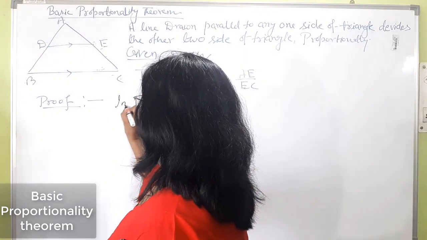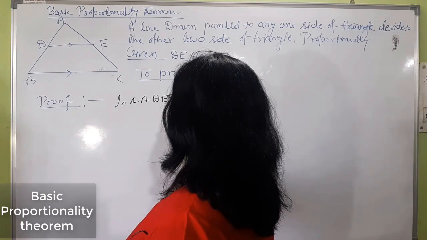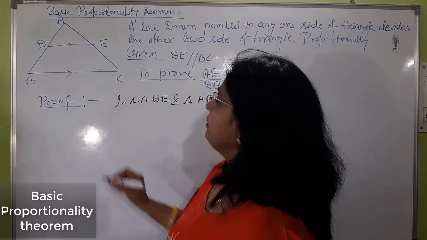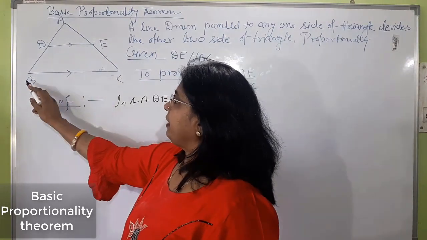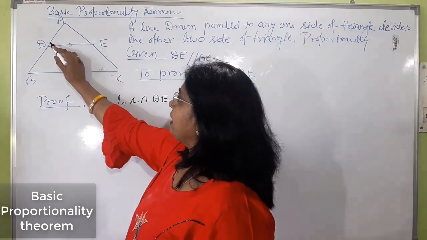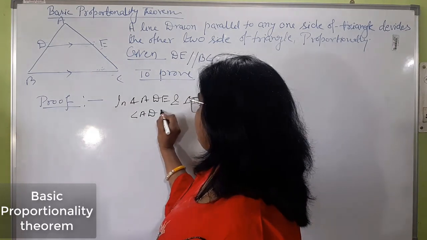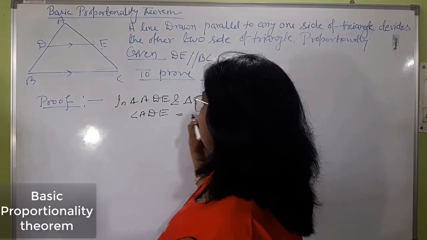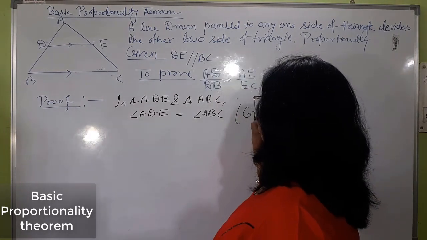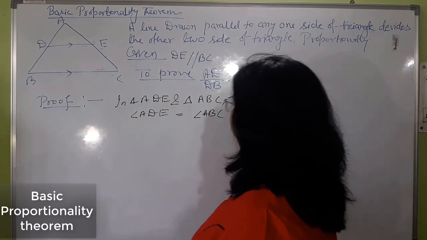In triangle ADE and triangle ABC, as DE is parallel to BC, corresponding angle ADE is equal to angle ABC, due to corresponding angles.